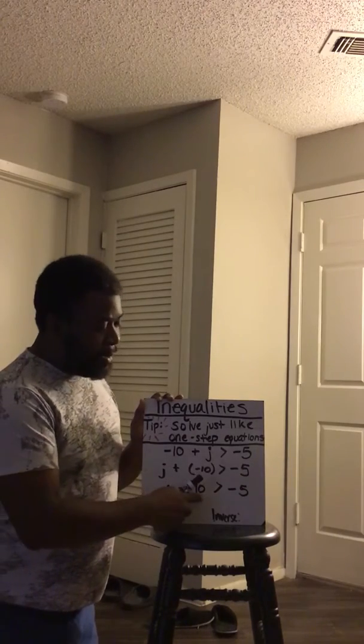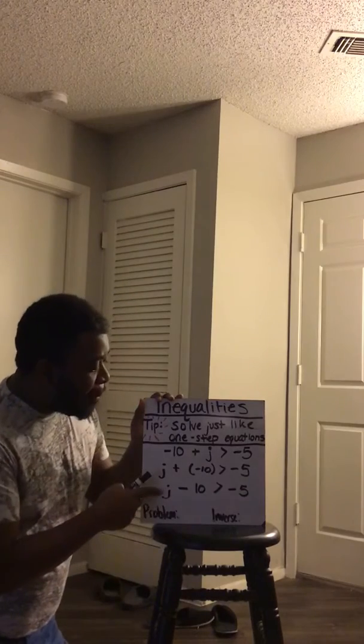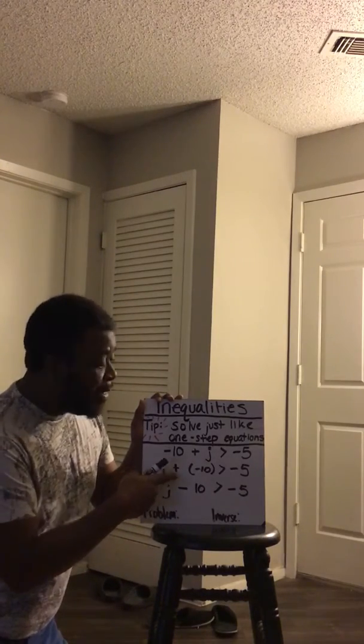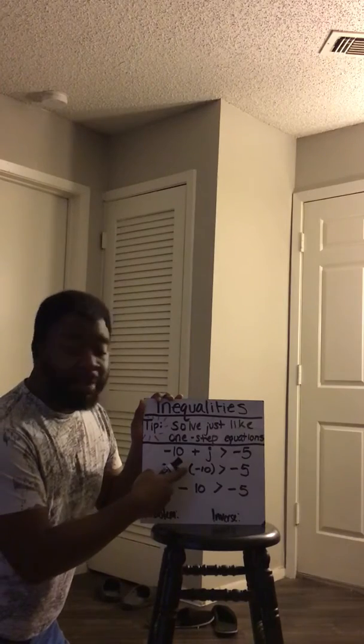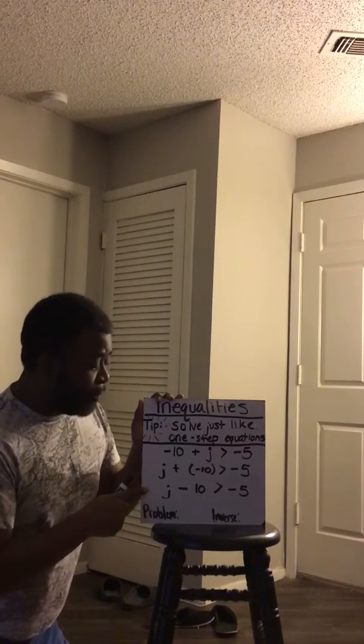J minus 10 is greater than negative 5 is the same as adding, so j plus the opposite of 10, which is negative 10. So j plus negative 10 is the same thing as j minus 10. Let me say that again.